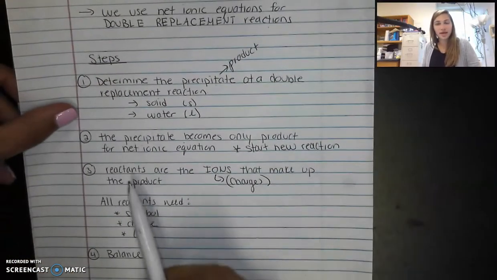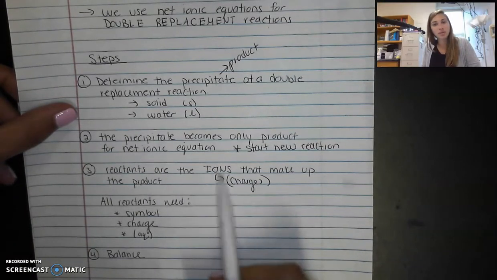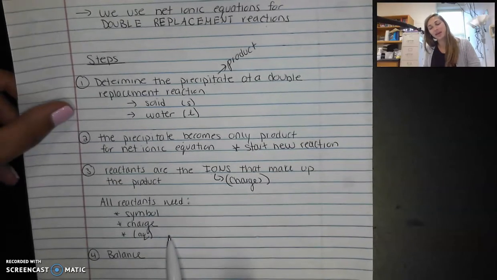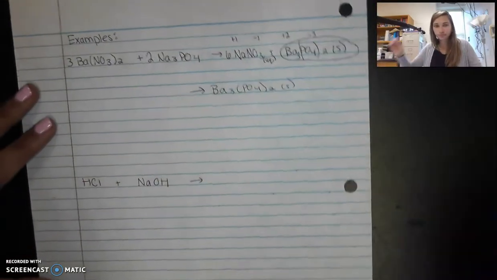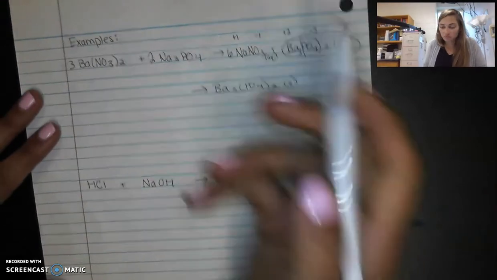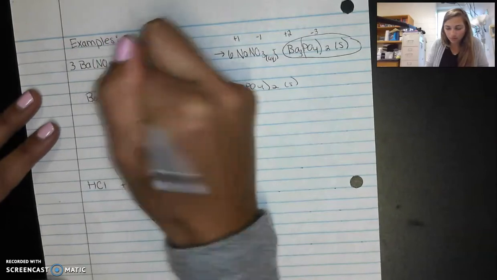It says the reactants are the ions that make up the product. Remember, ions have charges. So all reactants need a symbol, a charge, and an aqueous symbol because ions are dissolved in water. Okay, so barium phosphate is made up of barium and phosphate.